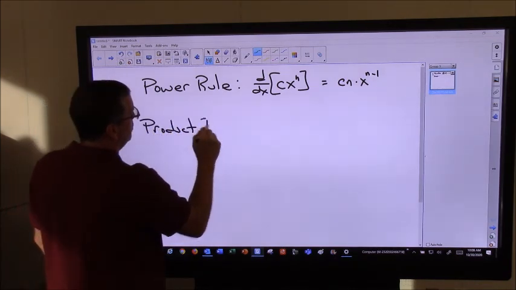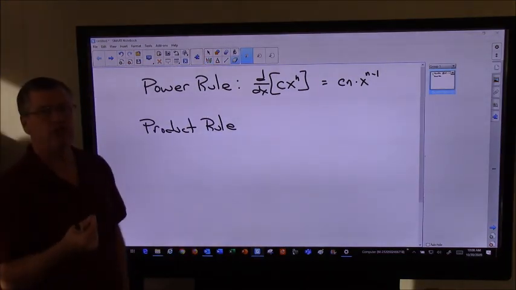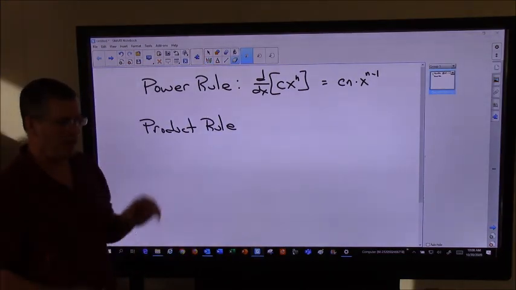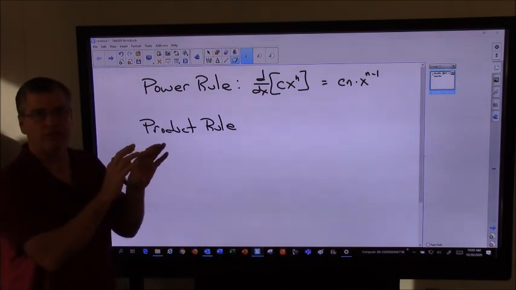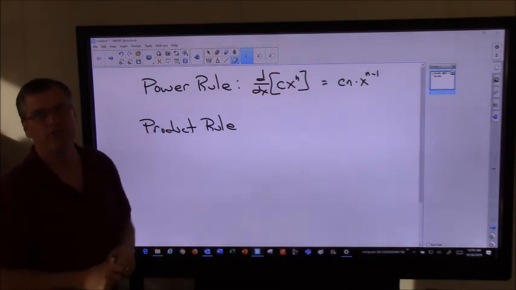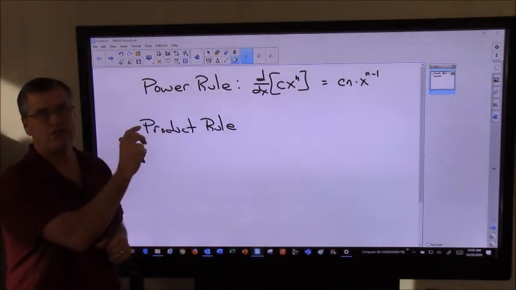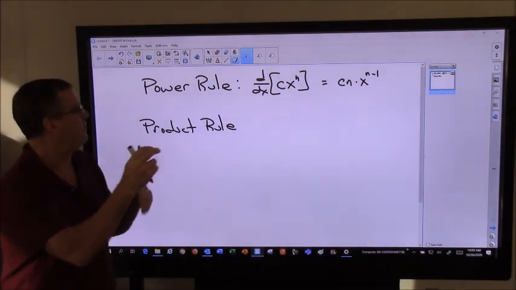the product rule. The product rule refers to multiplying two things. Like what if I had x squared times a cosine of x? I can't simplify that, right? So how do I do the derivative? It's not just 2x times, what did I say?